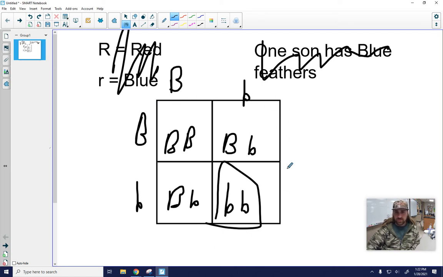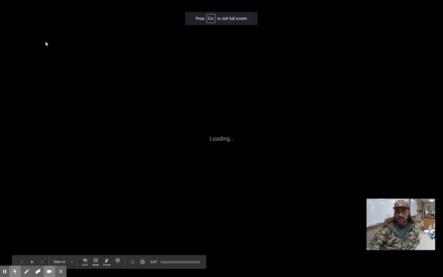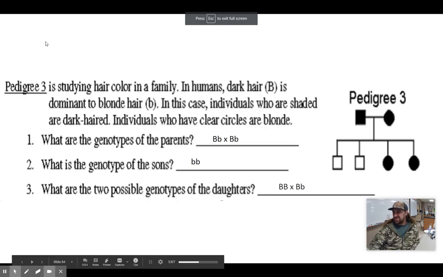Remember, this is just like a problem. This is not exact. Okay, so we have the possibility to have blonde hair, but most of the time you are going to see that dark brown hair, and you have two different genotypes, capital B, capital B or capital B, lowercase b.